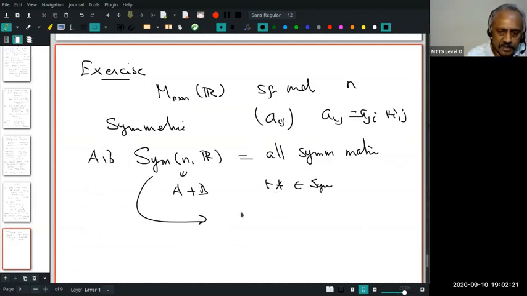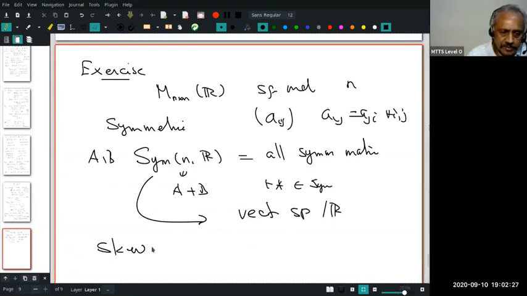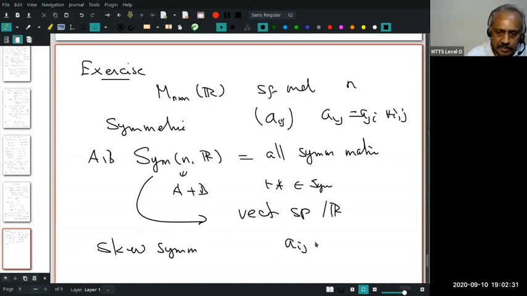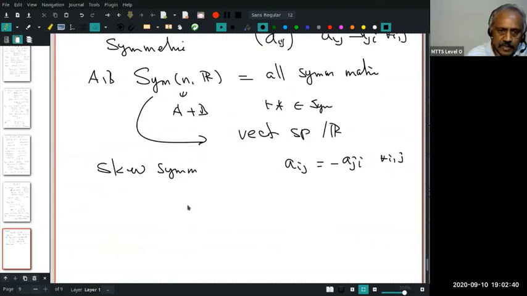That this is a vector space over R. And similarly, skew symmetric matrices. What are skew symmetric matrices? If A equals Aij, then Aij must be minus Aji for all i, j. And prove that skew symmetric matrices are also a vector space over R.